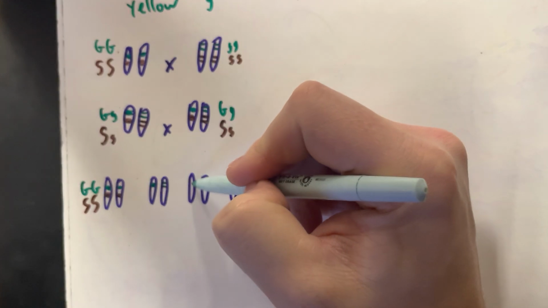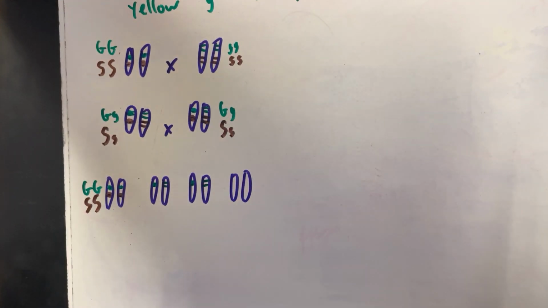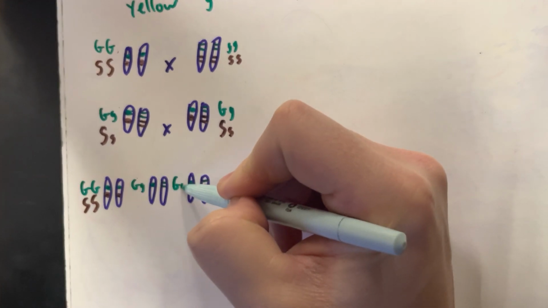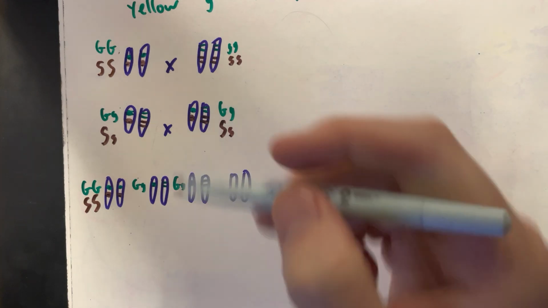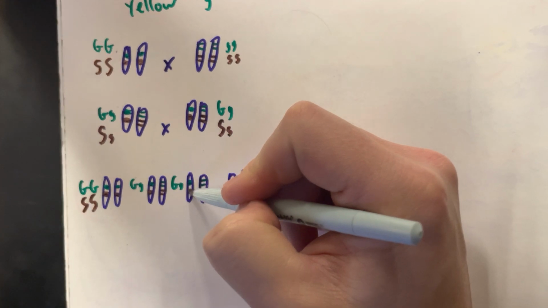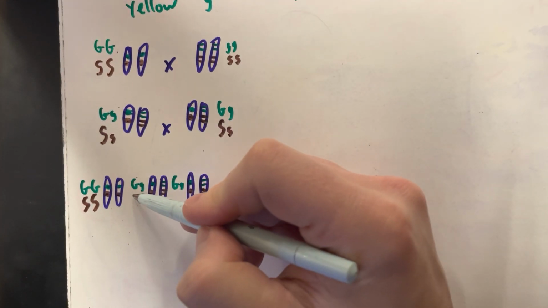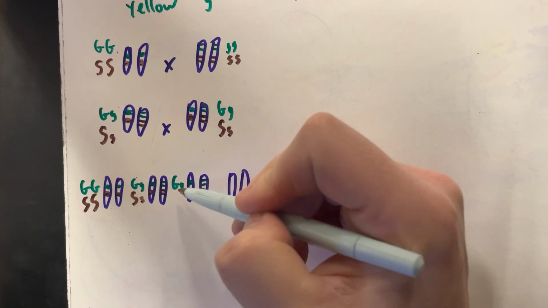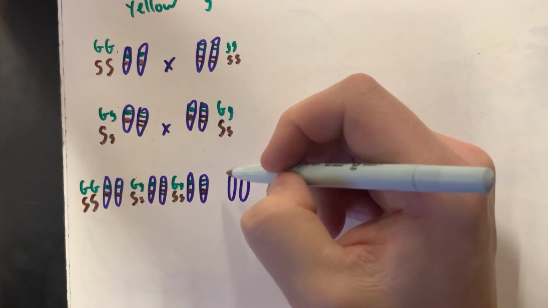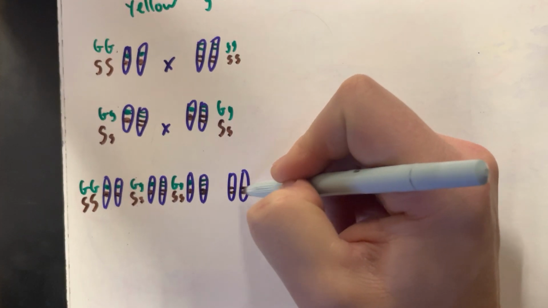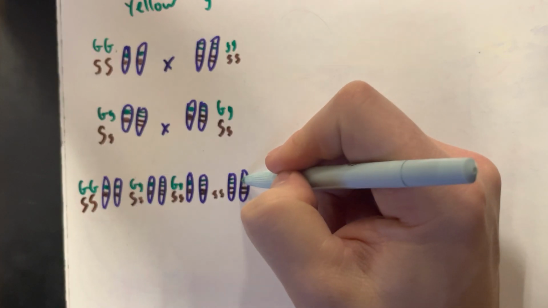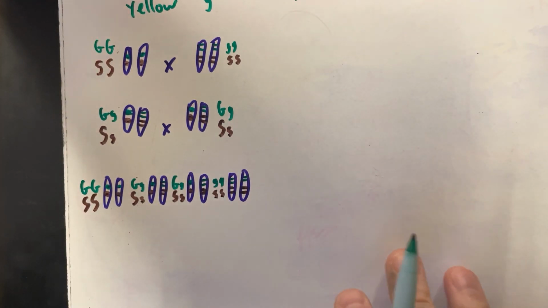Solid, recessive, solid, recessive. This was big G, little g, and same with this one, big S, little s. Or you can get two of the recessive type chromosomes, right? So it's small s, small s, small g, small g.